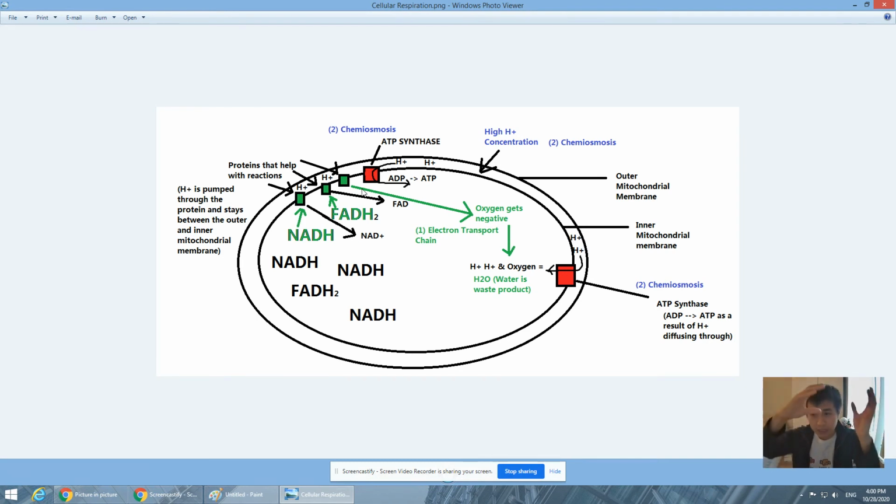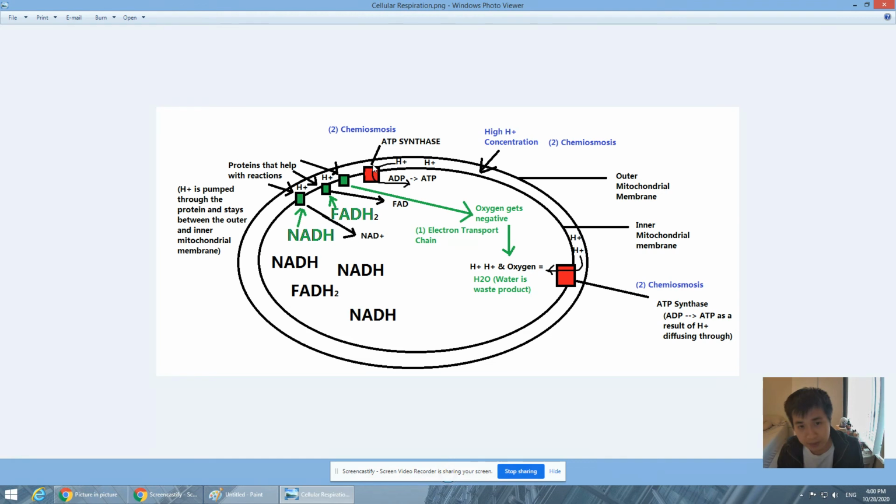So all of those H pluses are gathering now. They're gathering in a high concentration in between the two membranes. Why do they need to gather in such a high concentration? If you remember from photosynthesis, when there's a high concentration of H plus, it's acidic, but also the H pluses can now diffuse from a high concentration to low concentration.